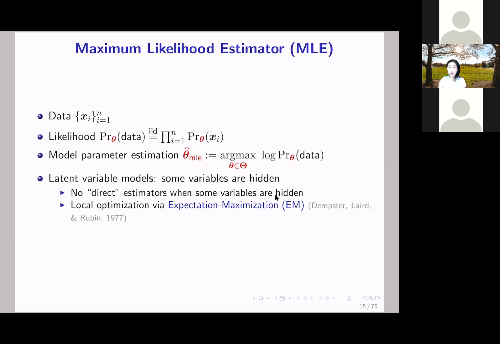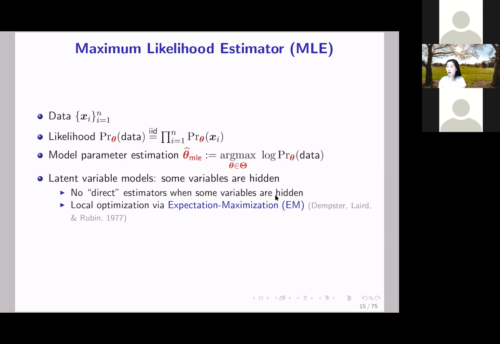The model parameter estimation is then to find the theta that maximizes the data likelihood. That's the terminology of the maximum likelihood estimator. I hope everyone has now recalled from your machine learning courses what the maximum likelihood estimator, MLE, is.